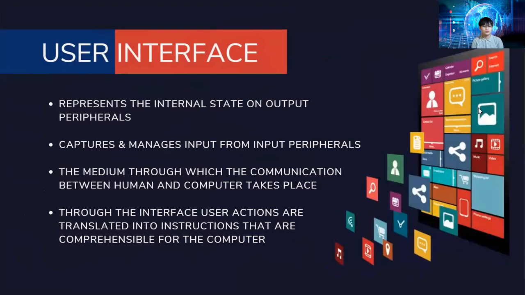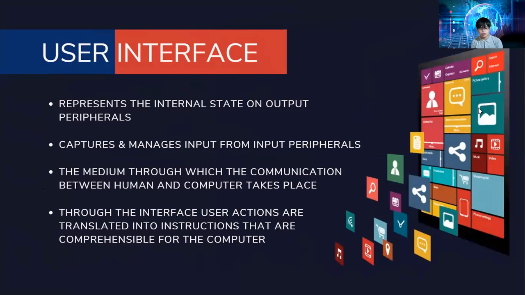Okay, so let's understand what a user interface, or UI, is all about. I believe you have heard about UI and UX, but you don't have any idea what UI and UX truly mean. So the user interface represents the internal state and output peripherals.